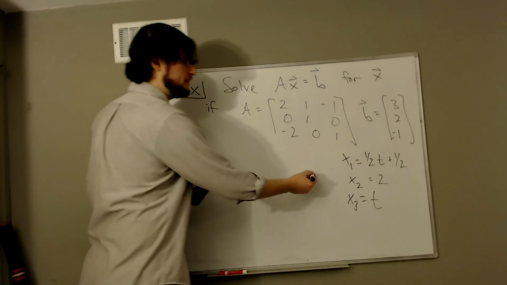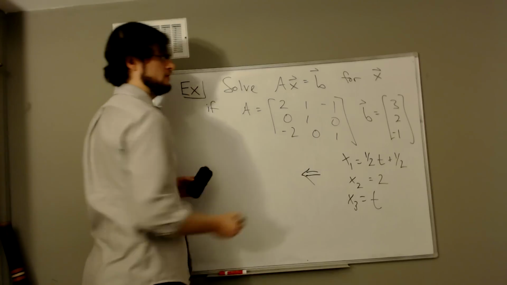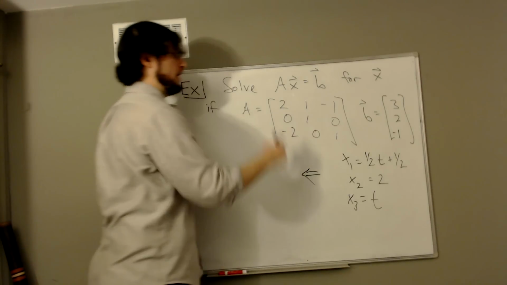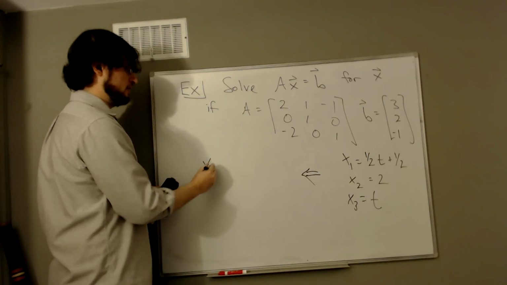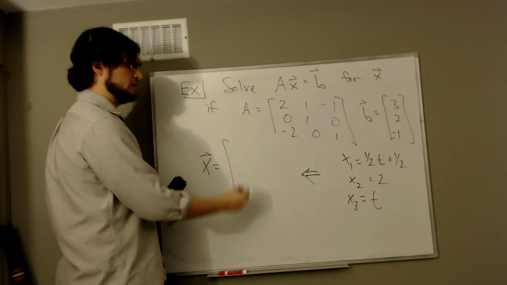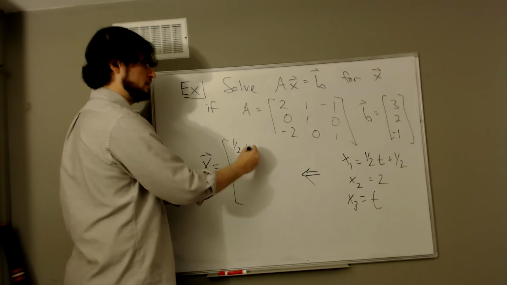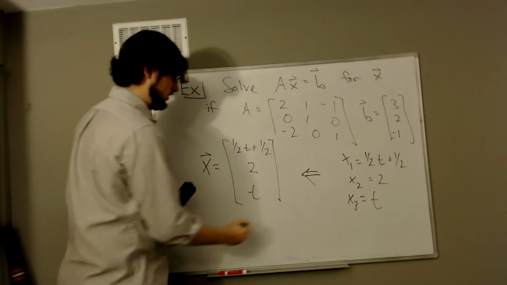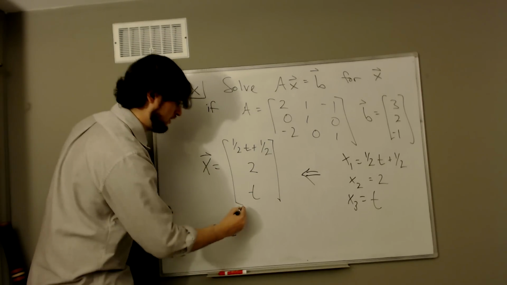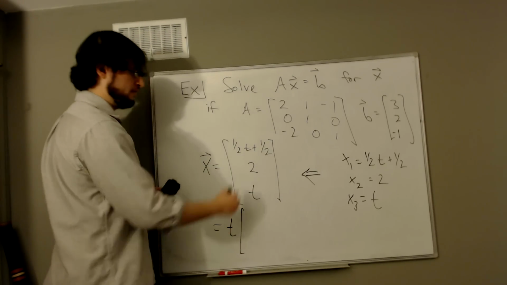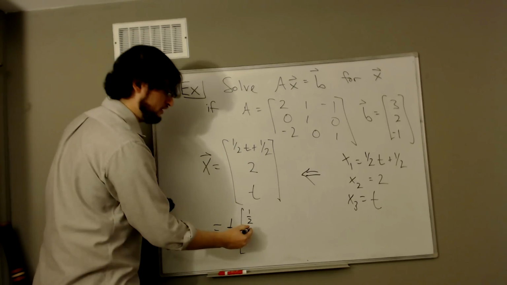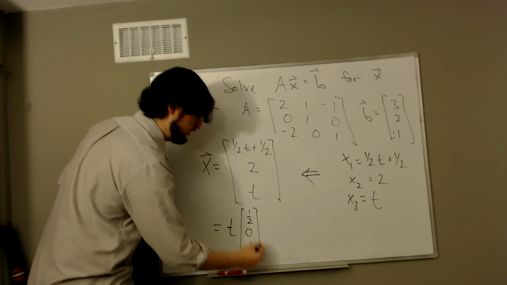And now I'm going to write this as a vector. And so what's my vector? The vector x is x1, x2, x3. So the vector x is 1 half t plus 1 half, 2, t, which I can rewrite like this. If I factor a t out, I get 1 half t here, I get 0 t's here, and I get 1 t here.